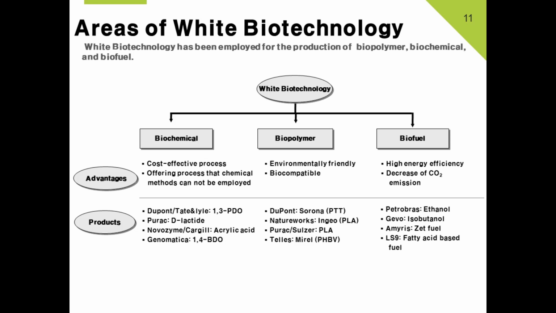Now, all these chemicals are considered platform or bulk chemicals because they can be further used for production of other smaller chemicals. Now, for biopolymers, the polymers produced by DuPont, NatureWorks, Purac, Sulzer, and Telis are environmentally friendly and biocompatible.